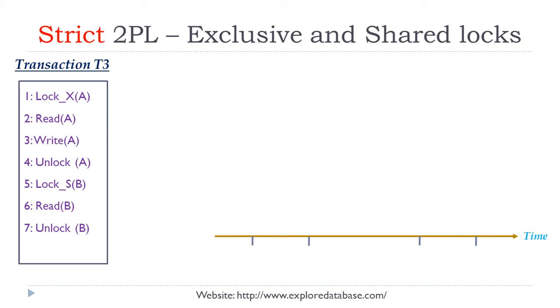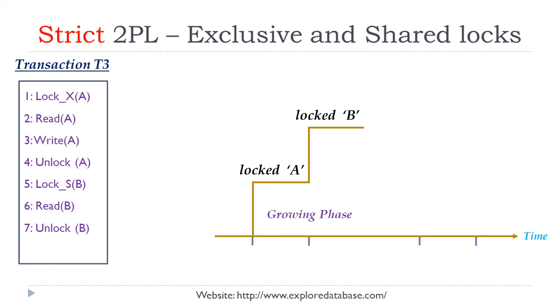So, strict 2PL for exclusive and shared locks. You see here a transaction T3 reads A, locks A in write mode, and locks B in read mode. Then in the growing phase, as usual, we acquire the lock on A, then we acquire the lock on B. Now we reach the lock point, then we can start releasing the data items.